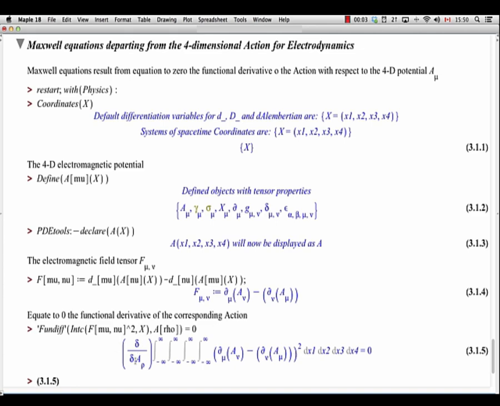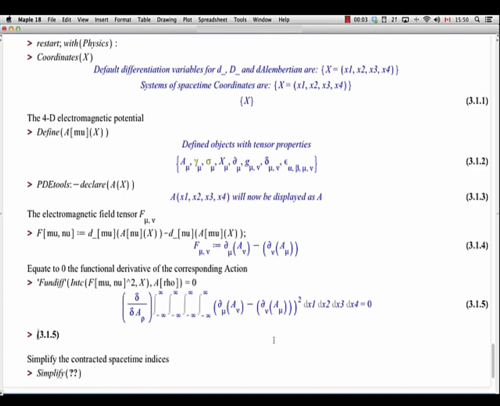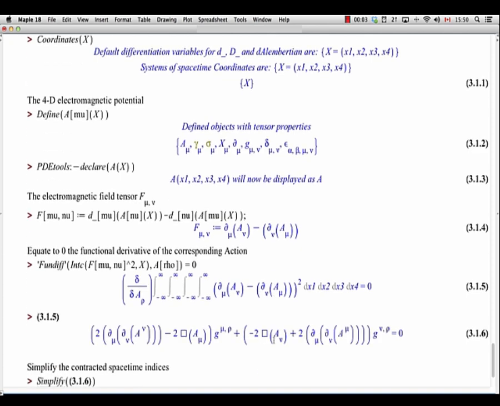Again, we want to vary in form the potential A rho, which means each of the tensorial components. There are these derivatives, the mu and the nu, and well, we want to perform the operation, and here it is. So this is the tensorial form of Maxwell equations, but for the fact that they are not really simplified. We see contracted indices.